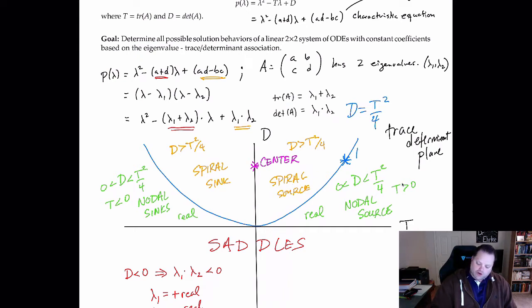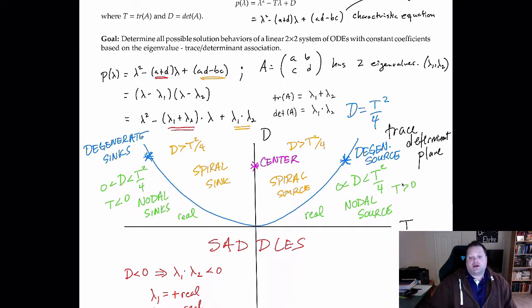These are called degenerate sources. And similarly over here, since the trace is negative, but you still have a repeated root, you get what are called the degenerate sinks.